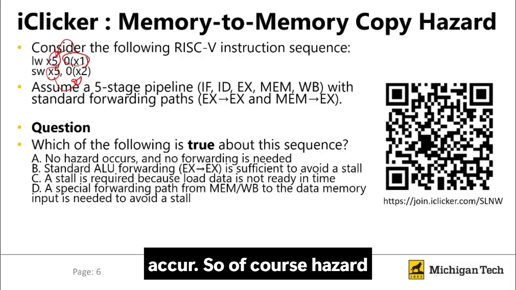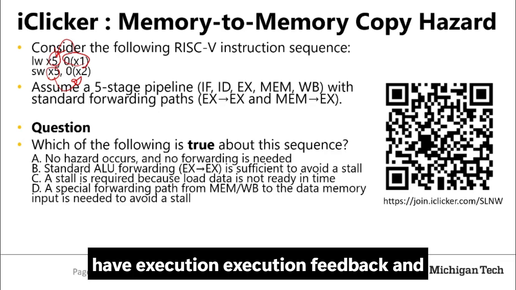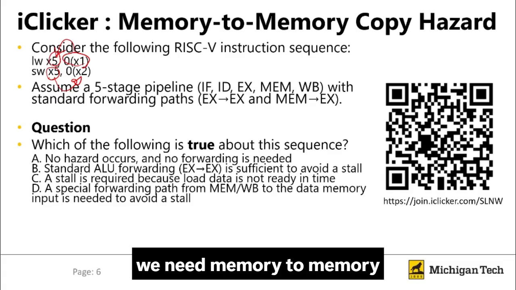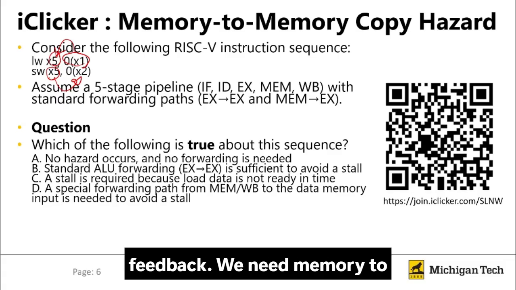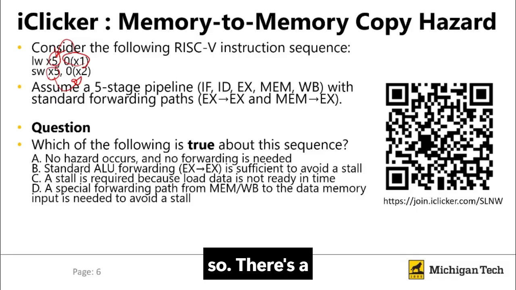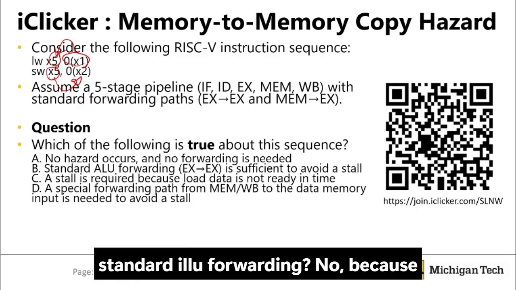Of course, a hazard happens, because even though we have execution feedback and memory to execution feedback, here we need memory to memory feedback. So first of all, we have a hazard. And is it the standard ALU forwarding? No, because it's from memory to memory.